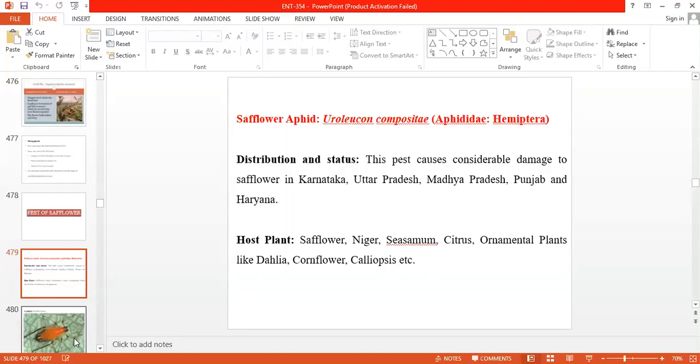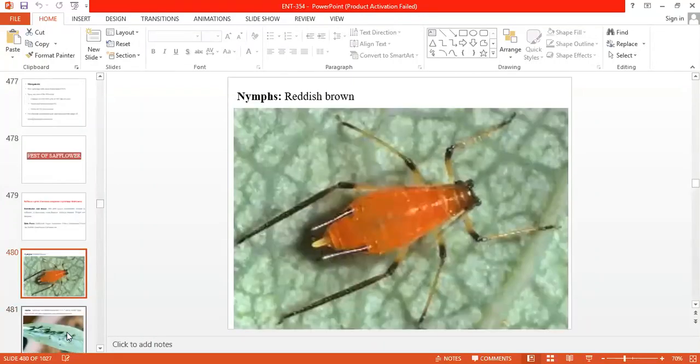Infestation of the pest is noticed more in late sown crops as compared to early sown crops. Late sown crops are heavily infested by the safflower aphid.